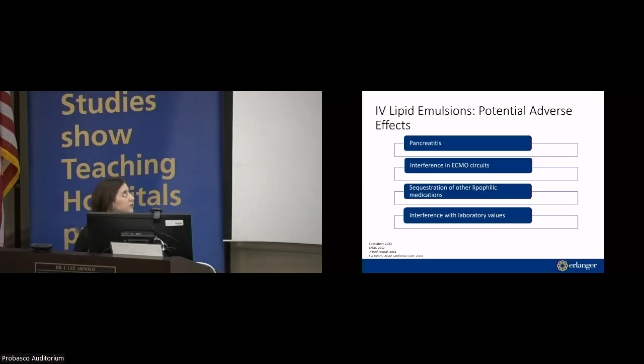Potential adverse effects with IV lipid emulsions are things like pancreatitis. If you have a patient that does have to go on to ECMO, it can interfere with your ECMO circuits. It can cause sequestration of other lipophilic medications and interfere with lab values, including triglycerides, lipase, lactate, and your pH.